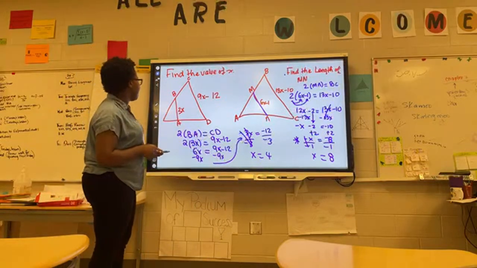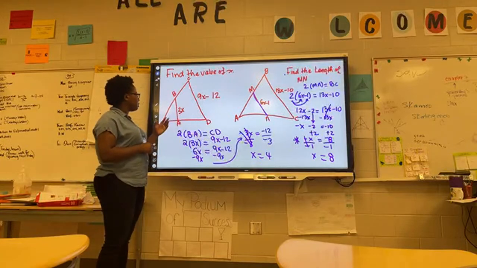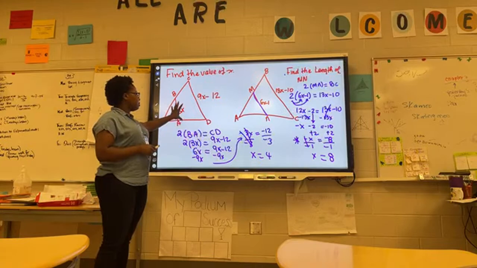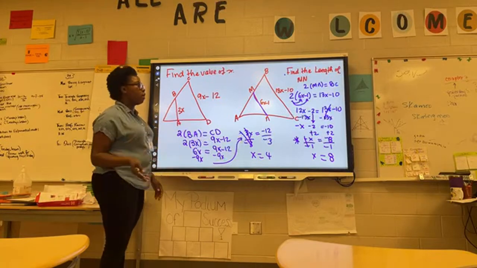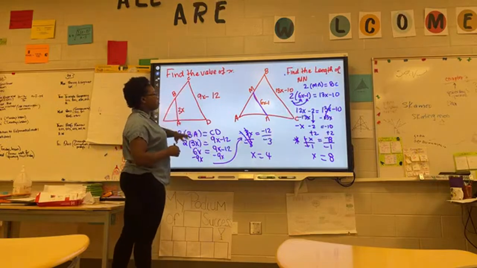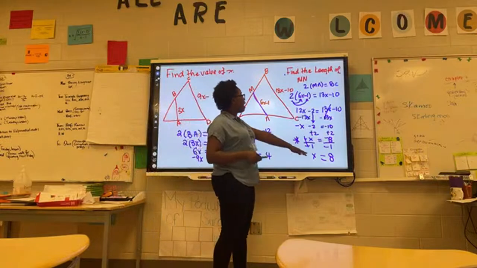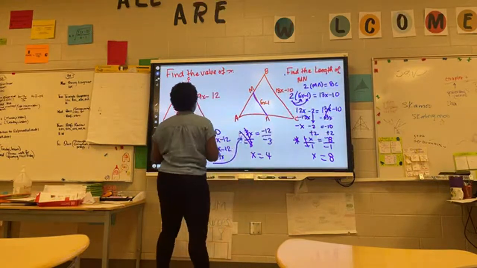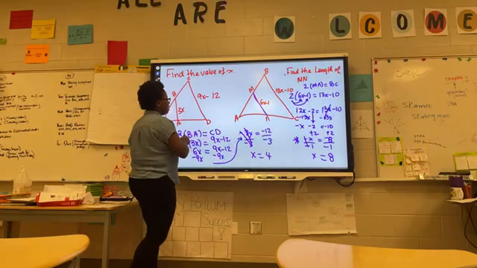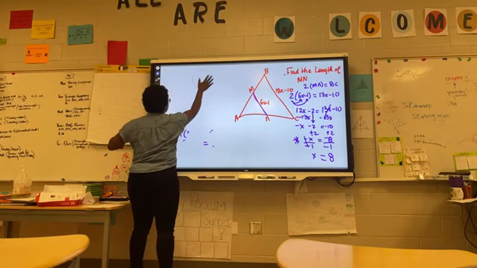First, you identify which two lengths are parallel, and once they're parallel, you know that one length is going to be twice the other, or half of one is going to be the other, or the shorter one is half of the long one. Alright? But here we found the value of x, but we want to find the length of MN. So I'm going to erase this section right here so we can find MN, as the question is not finished.